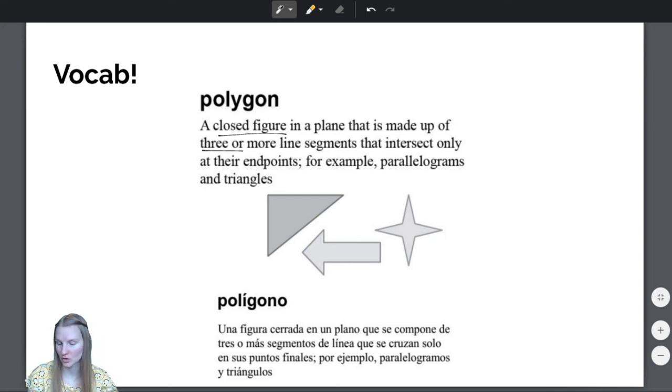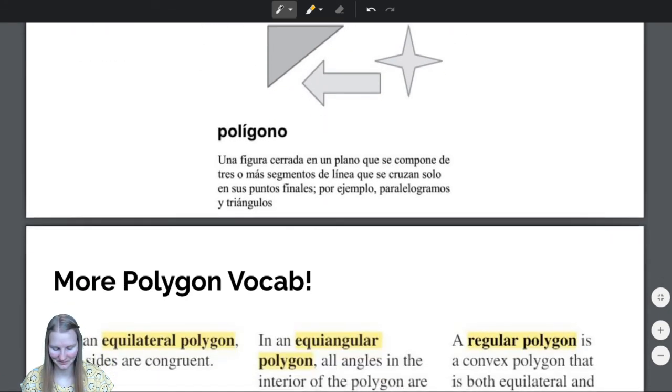We can't have just 2, because if I connect 2 line segments together, that's just a line segment. So 3 or more line segments that intersect only at their endpoints. So for example, parallelograms and triangles. Those are some examples. These are also some examples of polygons. So we're going to be talking about these today.